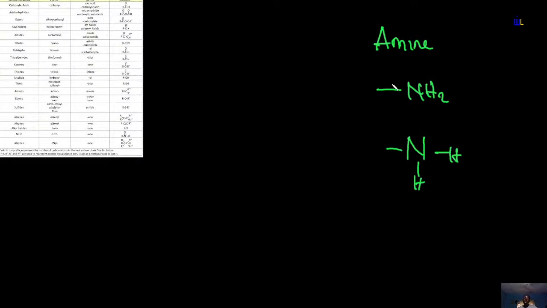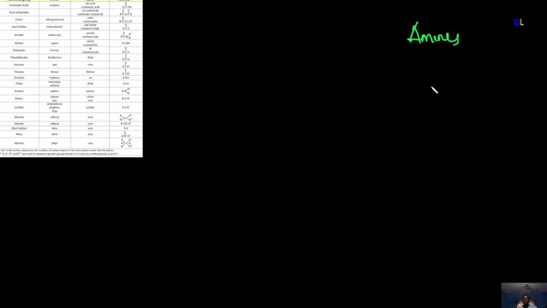So when you are looking out for an amine, just have in mind that it is represented by nitrogen attached to 2 atoms of hydrogen. When nitrogen is attached to 2 atoms of hydrogen, it is specifically referred to as a primary amine. Let me just run through that. As I said initially, amines are produced from ammonia, and this is ammonia.